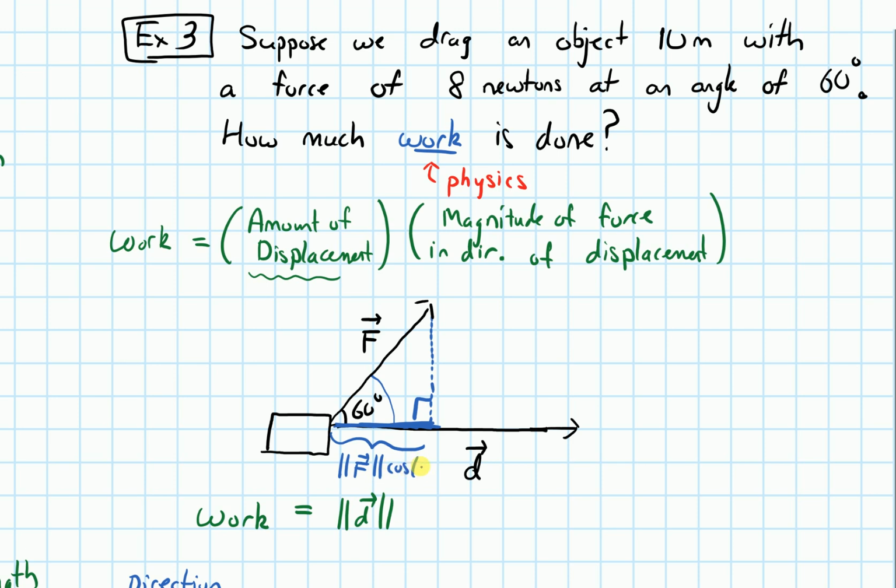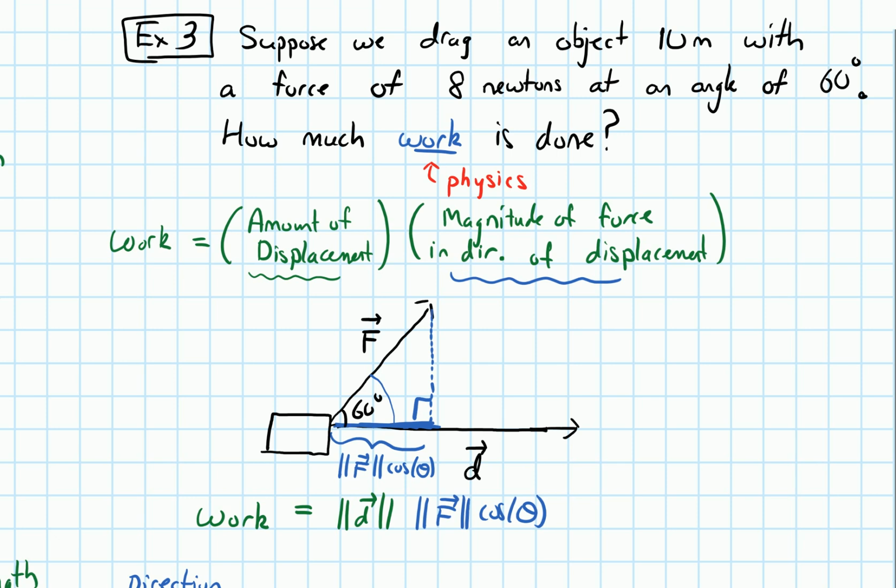Let me call it theta to be general, but eventually we'll plug in 60 degrees. So for the magnitude of the force in the direction of the displacement, that would be the length of f multiplied by cosine theta, because we just want the length of this projection vector.